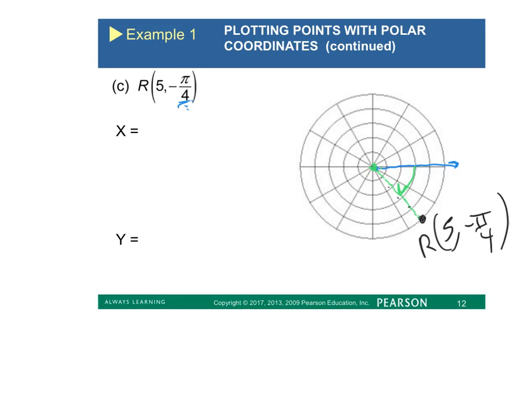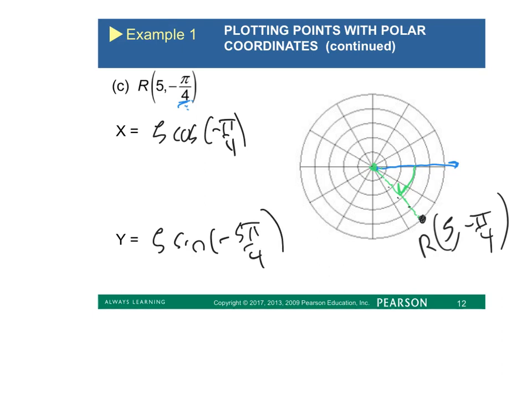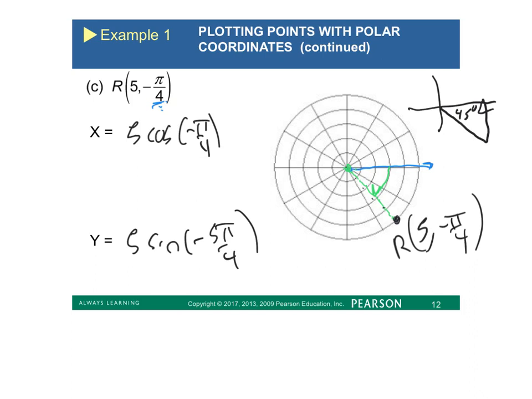And now x equals 5 times cosine of -pi over 4, y equals 5 sine of -pi over 4, converting them into rectangular. Now I'm looking at the reference angle. It's that triangle here. And for all practical purposes, it's a 45-degree angle. Sure, it's -45, but that just plays a part into my x being still positive. And that would be in 45, 45, 90, so that's still a 1.